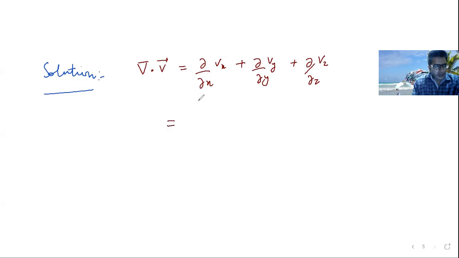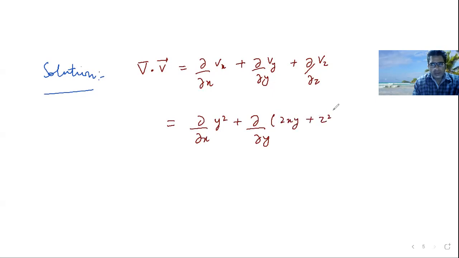Vx is y square, vy is 2xy plus z square, and vz is 2yz.